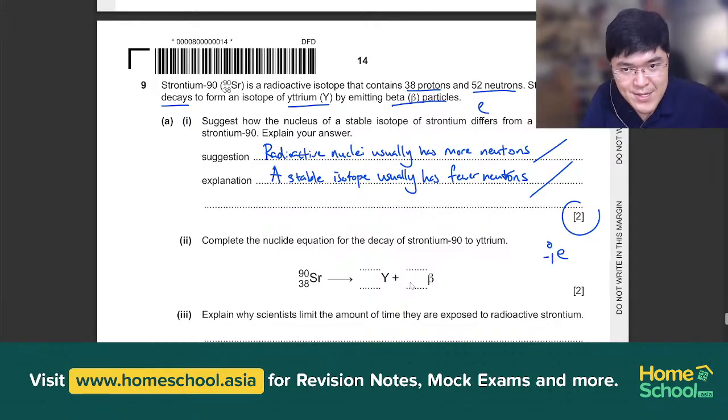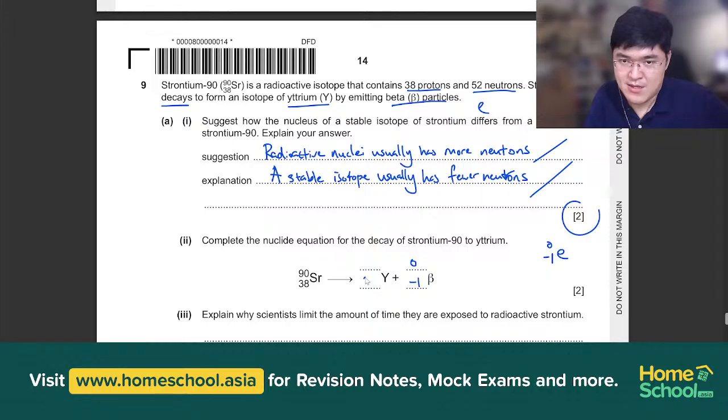So let's write that down first: -1 and 0. Now let's find the atomic mass and atomic number of this particular isotope of yttrium. Because you see 1 is -1 here, we must add +1 in yttrium to balance this out.